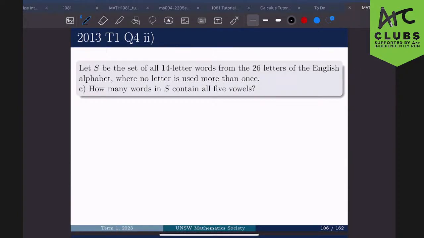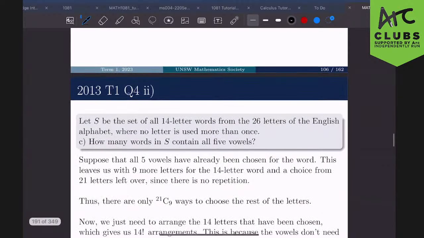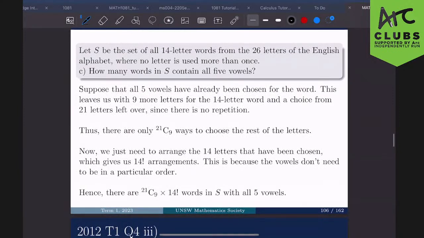Okay, next question, how many words contain all 5 vowels? So we just choose the 5 vowels and put them as available to be selected.